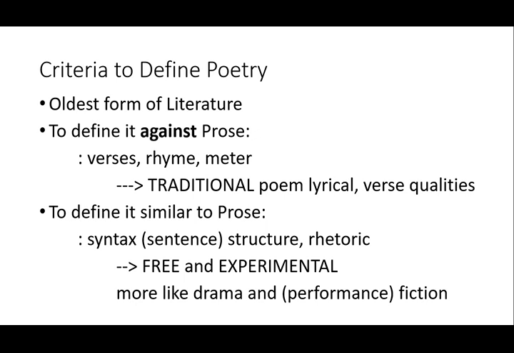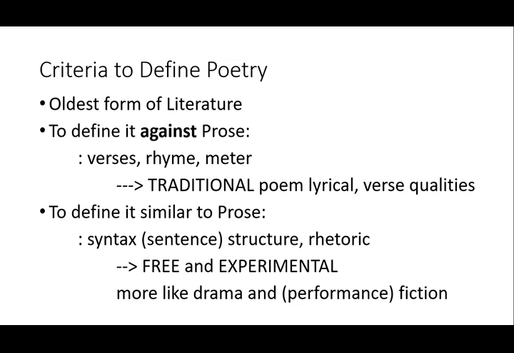The first is against the prose, meaning we focus on the characteristics that are not available to prose and are special to poetry. That is usually about the verses, the rhyme, and the meter. So more so towards the lyrical qualities, the verse qualities of poem.